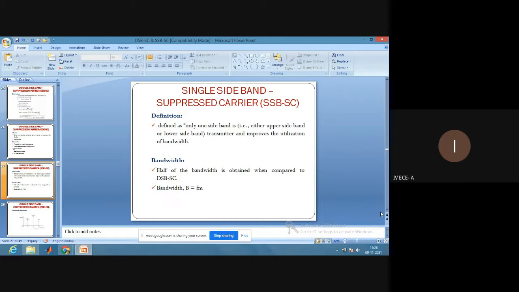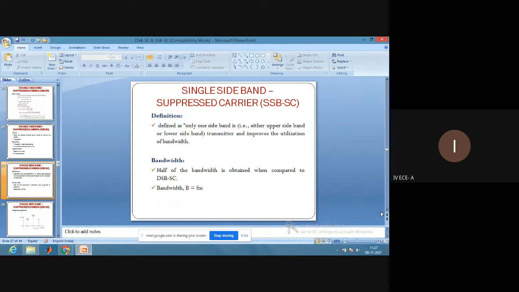Let us discuss single sideband suppressed carrier, that is SSB-SC. In a DSB-SC system, both the sidebands carry the same information and the bandwidth is equal to 2fm, like a conventional AM system.